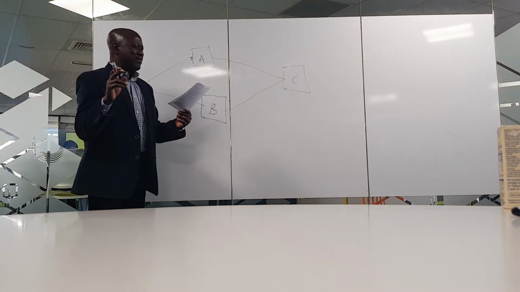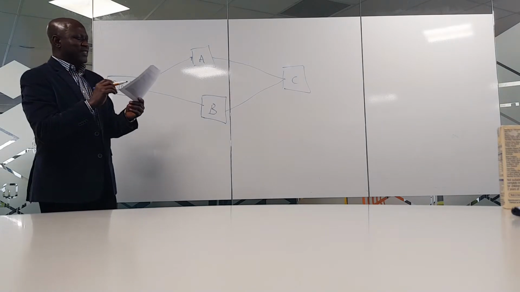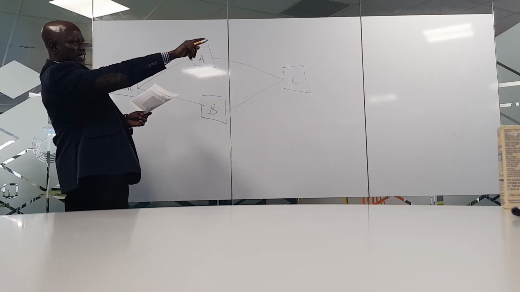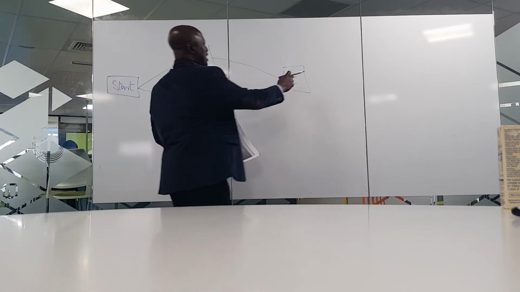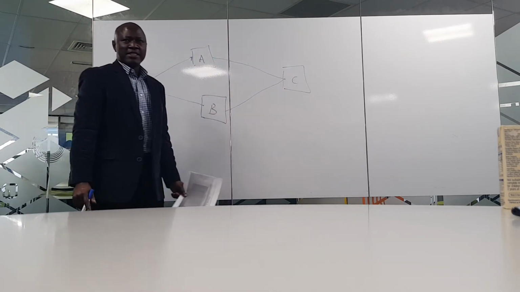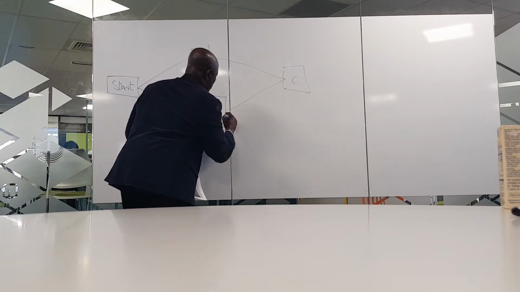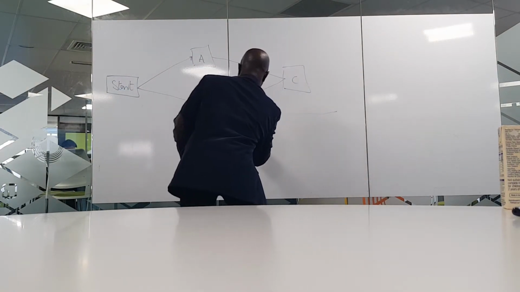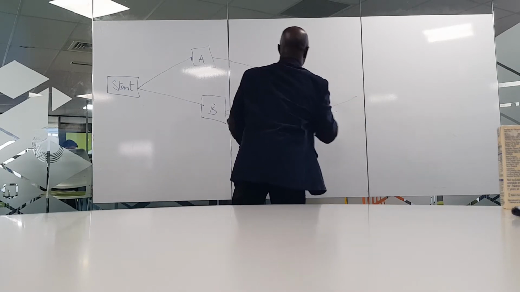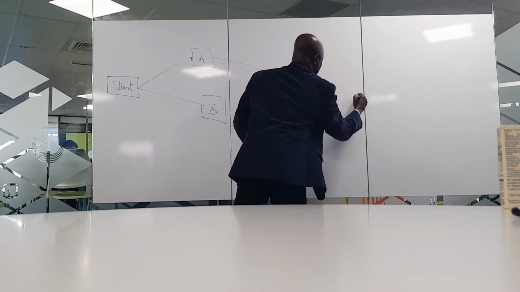Now, we get to activity D. Activity D, you can see it on the board. Activity D says is preceded by C and B. This is C, this is B, right? Draw our arrow like this. Maybe we can make it curve like this, up. Then we draw our C to here.